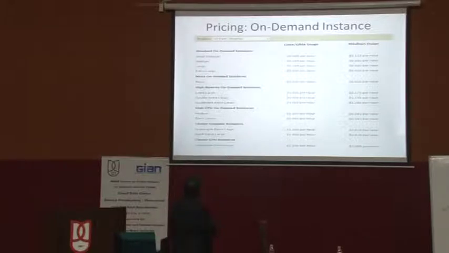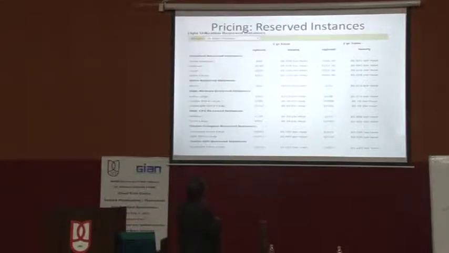The quadruple extra large will cost you about 1.3, is that $3 per hour? Yeah, 1.3. The small VM, virtual machine, is 0.080 cents. So this is on demand. You ask, and you get charged per hour, and then you use it, you pay.